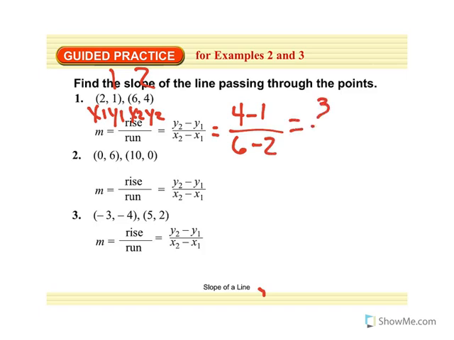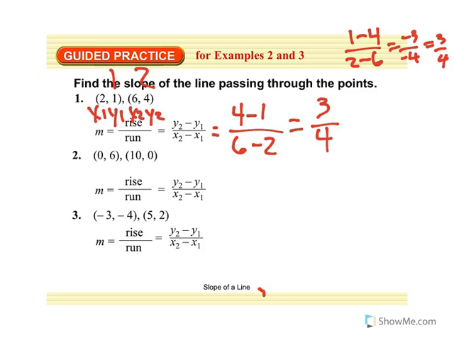So 4 minus 1 is 3, and 6 minus 2 is 4. My slope is 3/4. If you did it the other way, you'd have (1 minus 4) divided by (2 minus 6), which is -3 over -4, which is also 3/4.